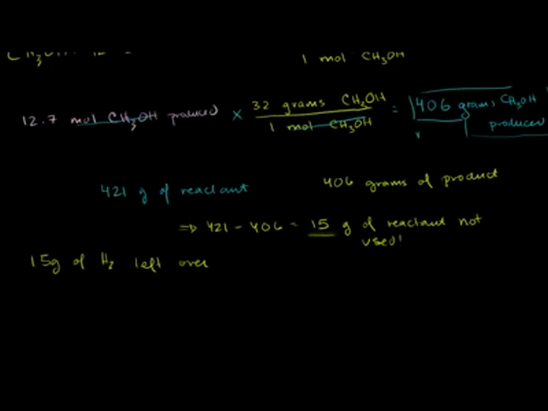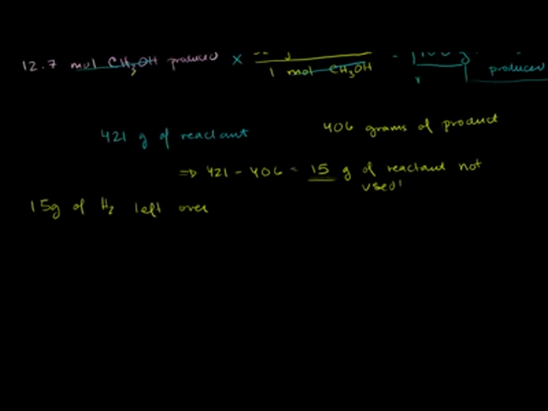Let's do that. In fact, I just want to make sure you understand. So we are starting off with 12.7 moles of carbon monoxide, and we know that 2 moles of hydrogen are required for every 1 mole of CO, carbon monoxide.